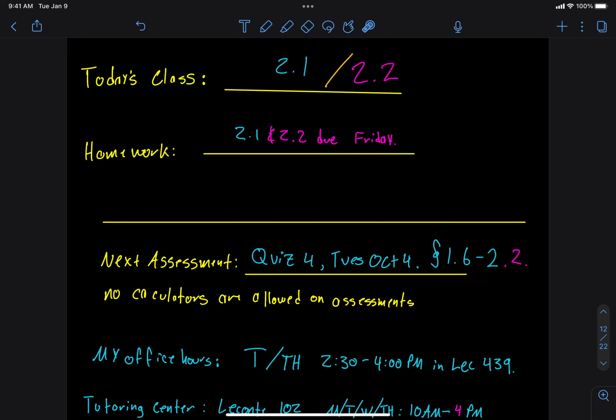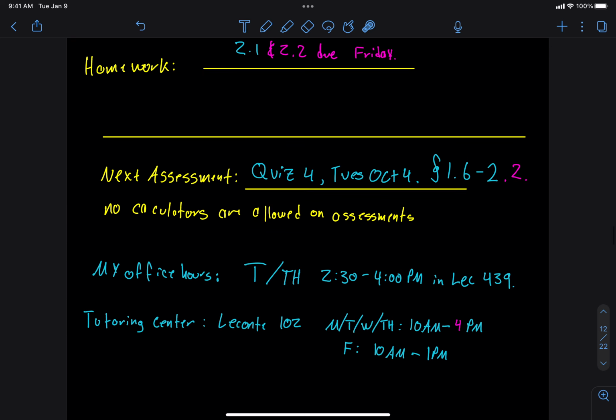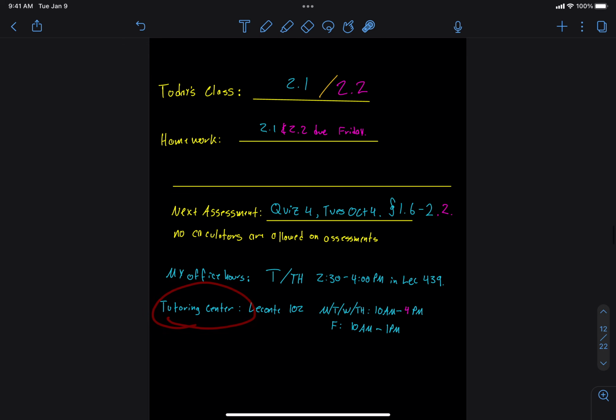So that is going to be when we review for the quiz. That'll probably not be in my office, because I feel like a lot of people come to the quiz review. So we'll do it in a classroom. I'll rent one out. And if you can't come to my office hours, of course, go to the tutoring center. Are there any administrative questions before we start in on content for today?